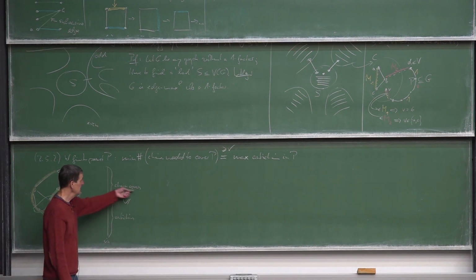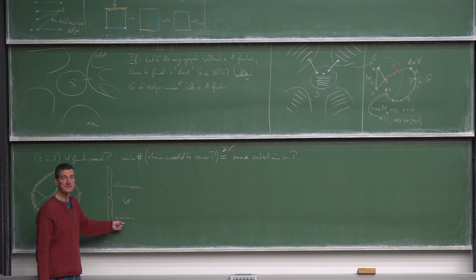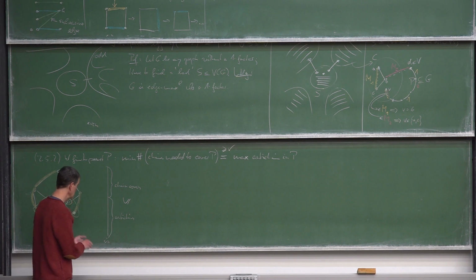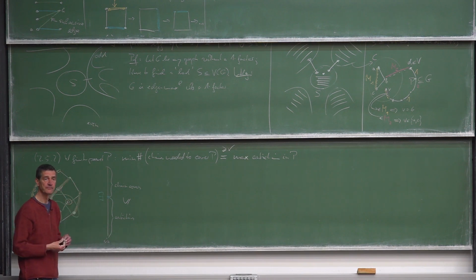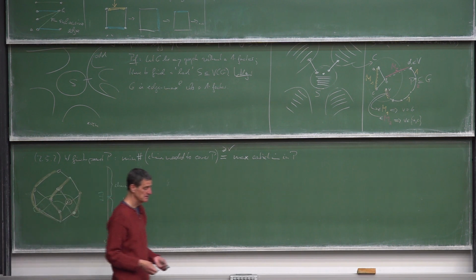We need at least one chain for every element of the antichain, because no chain can contain two elements of an antichain. So this inequality is trivial, and the assertion is that they overlap. Right, same as before. Very, very pretty theorem.